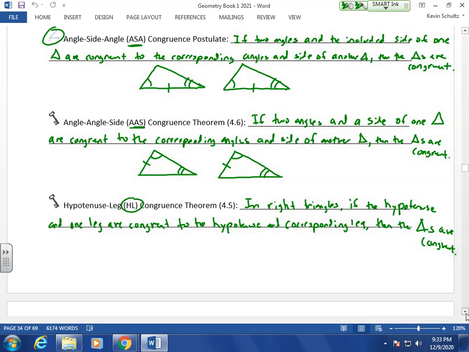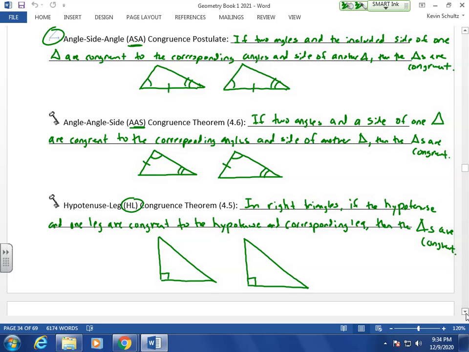So let me draw a right triangle here. And there's one. Try and make one that looks kind of congruent to it, okay? What this is saying here is that since it's right triangles, we already know they have one congruent angle, right? Because by definition, if they're right triangles, they have to have a 90-degree angle, which is going to be congruent, okay?